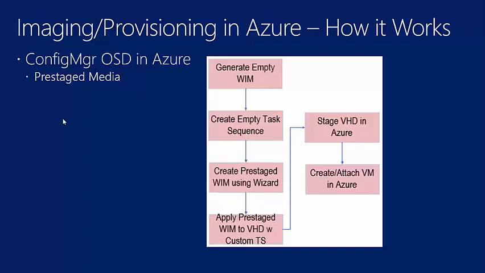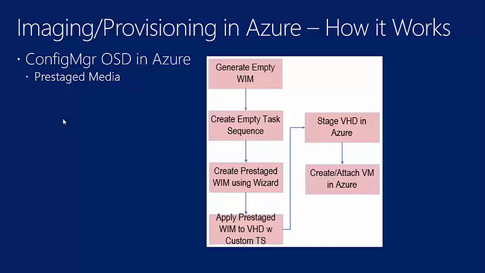So in order to pass the wizard, I need to specify a WIM as a component. So back to that in a minute. Also, as part of the wizard, I need to specify a reference task sequence. So what the pre-stage wizard will do is look at that reference task sequence and figure out what all content is needed by that reference task sequence and make that available on the pre-stage process as well.